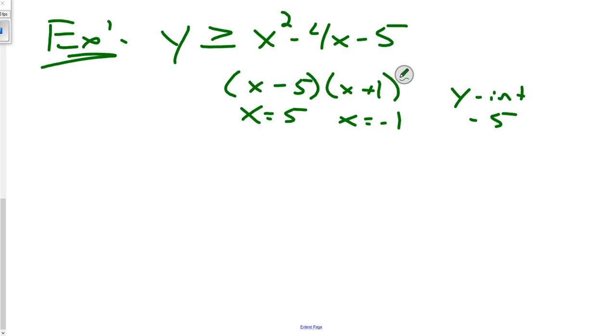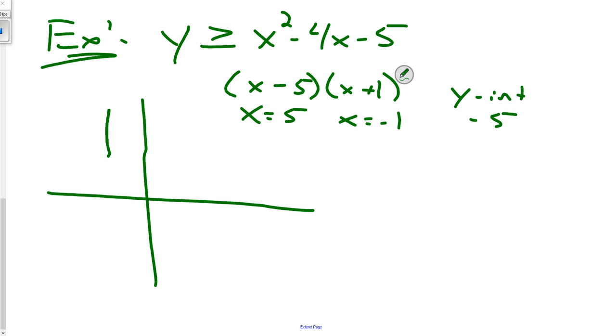Yeah, this is standard. So now I have to go back, and the graph opens upwards or downwards? Up. Yeah, good. You guys have a solid understanding of this stuff.